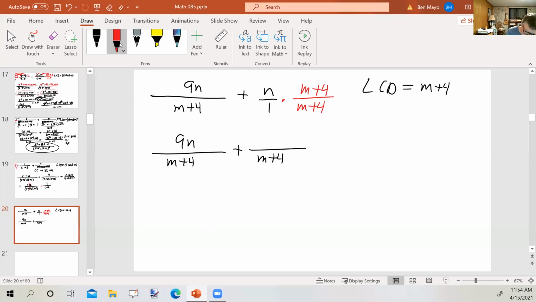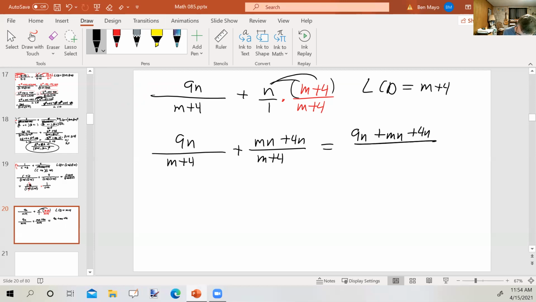So now distributing, my new numerator becomes mn plus 4n. Now I have two fractions with the same common denominator, so I'll add the numerators, 9n plus mn plus 4n over m plus 4.